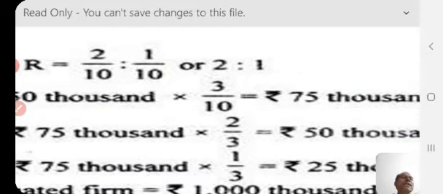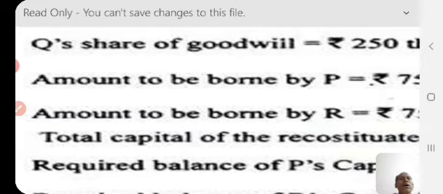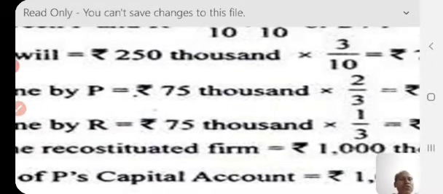Now this 75,000 goodwill is borne by the remaining partners, P and R. So the amount to be borne by P is 75,000 into 2 by 3. What is 2 by 3? 2 by 3 is the gaining ratio, 2 by 3, 1 by 3.